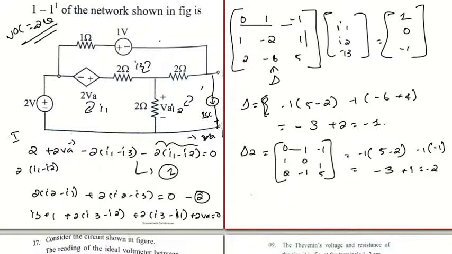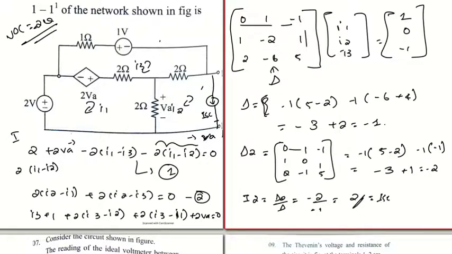So I2 is equal to delta 2 divided by delta, which is equal to minus 2 divided by minus 1, which is 2. So I get I2 or our ISC equal to 2.